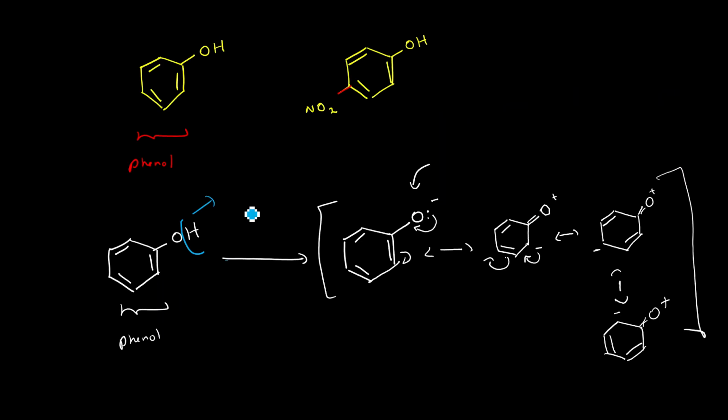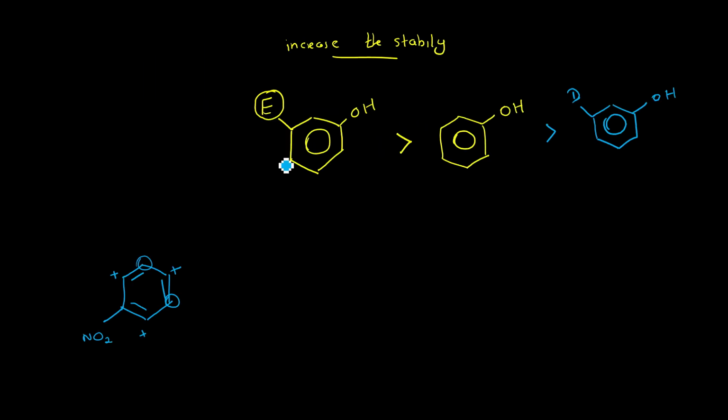Now if you remember our product, here we have the phenol OH group. You can see when you add your NO2 group or your electron withdrawing group in the para position, this electron withdrawing group can make this position electropositive, right?